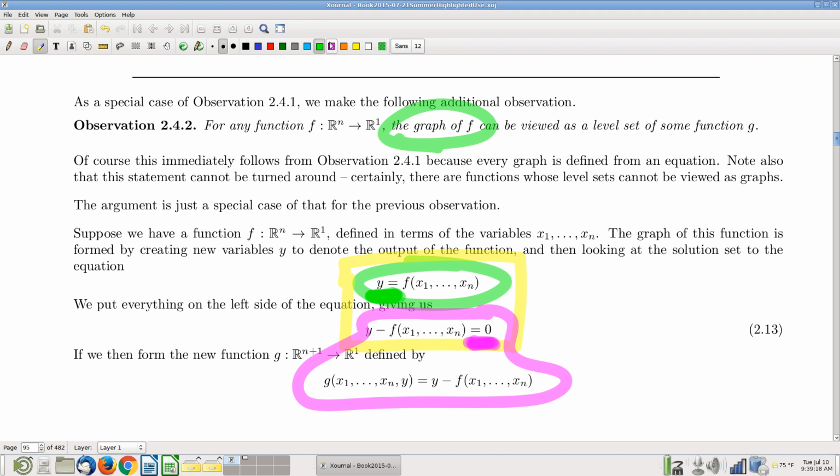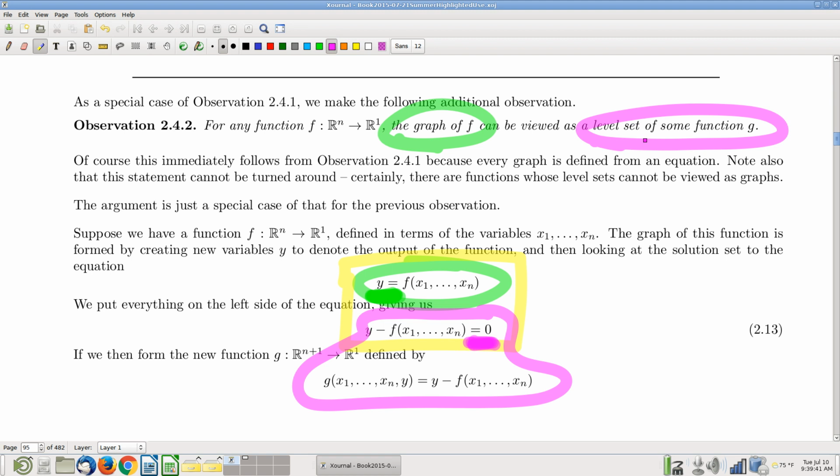When I rewrite it so that stuff equals 0, that's what makes this a level set. Now, very important to recognize these are different functions. The function whose graph we're looking at, the function whose level set we're looking at, different functions. They better be, because they relate to the same set by way of different constructions.